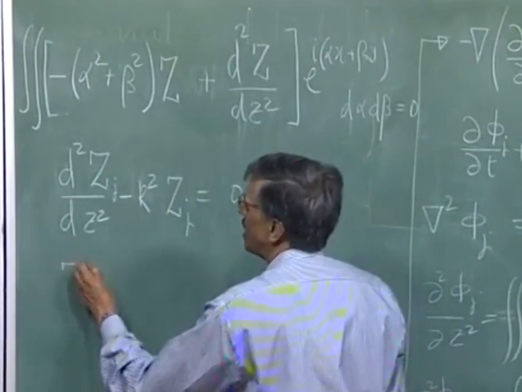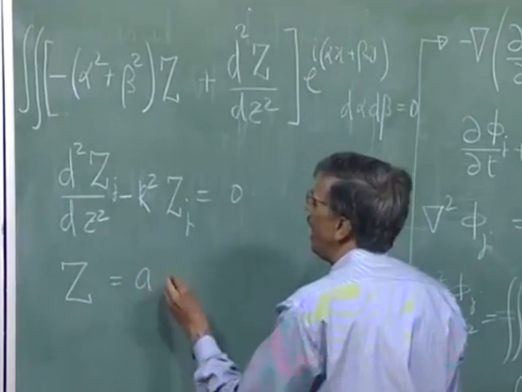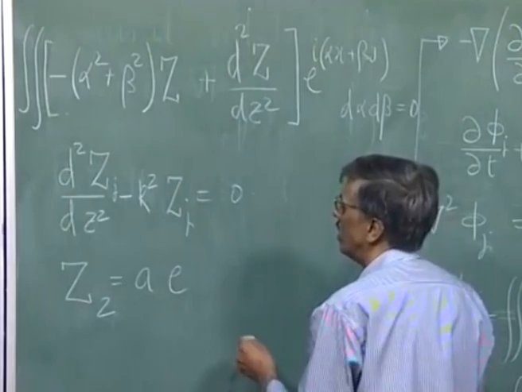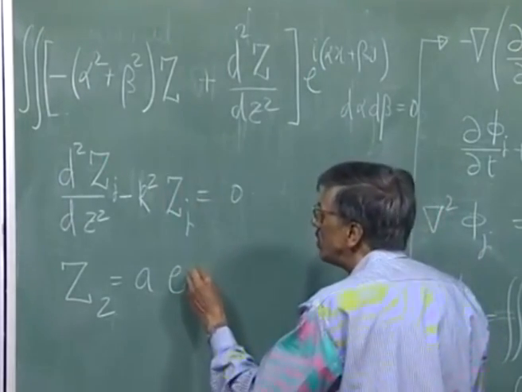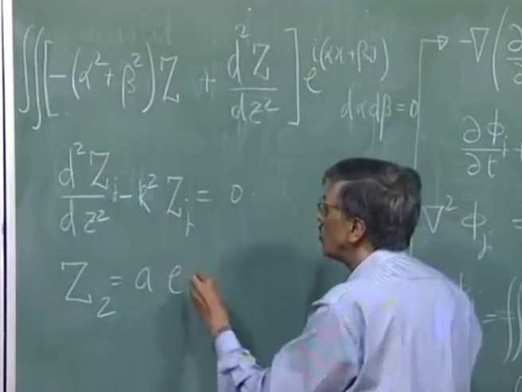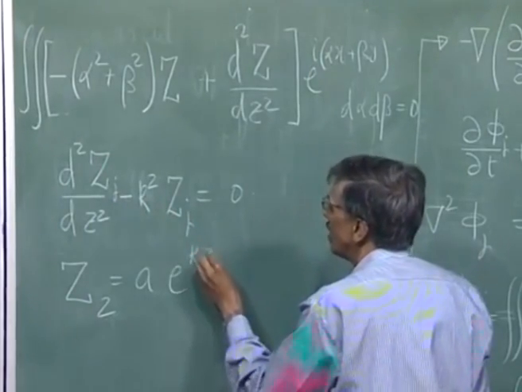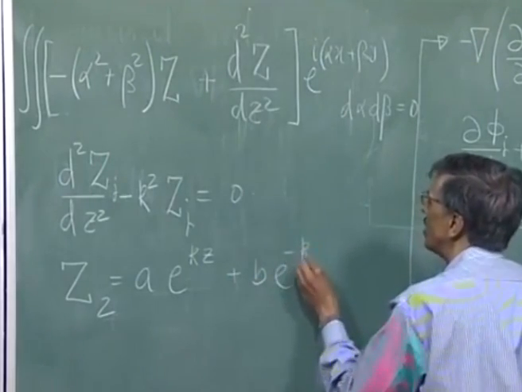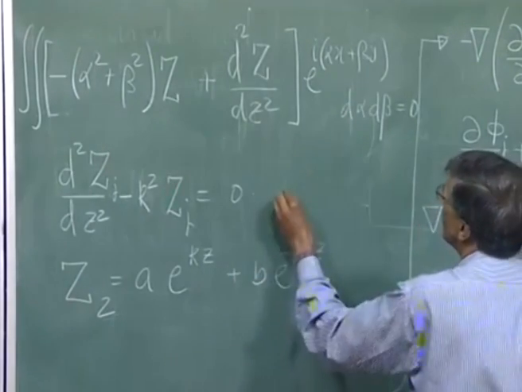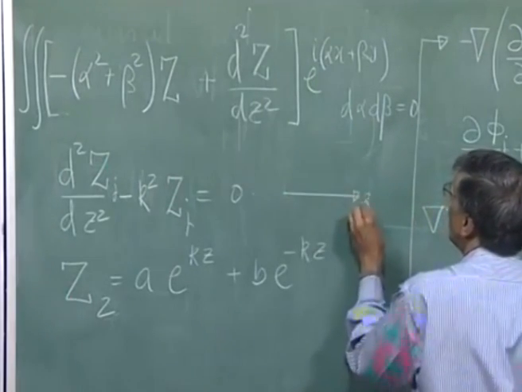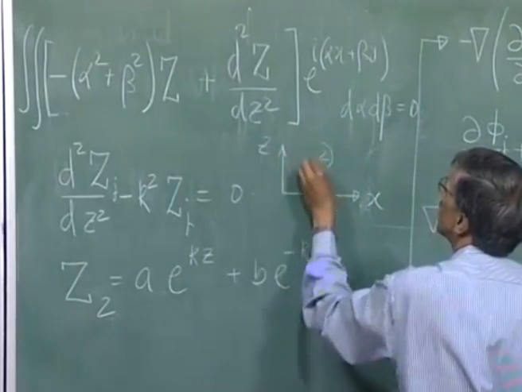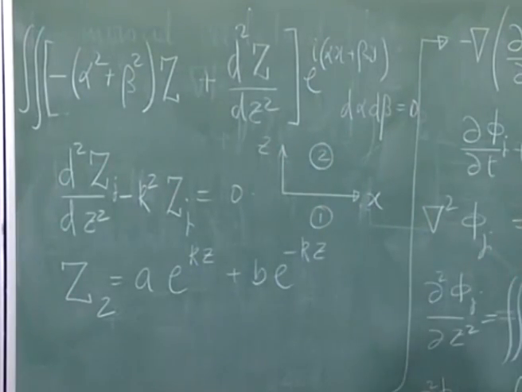You can write it in terms of, say, let me write Z2 first on the top surface: A e to the power plus k z plus B e to the power minus k z. We are talking about the x axis here, and on this side I have phase 2, on this side phase 1. And what is my boundary condition?